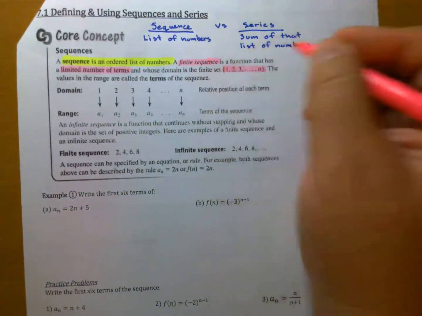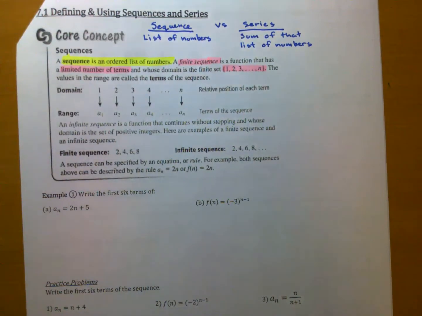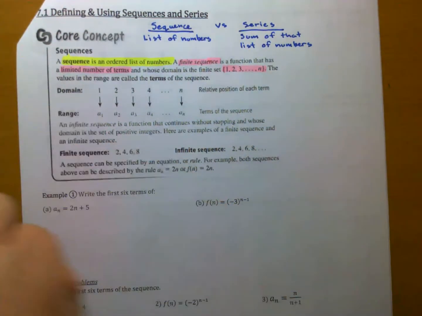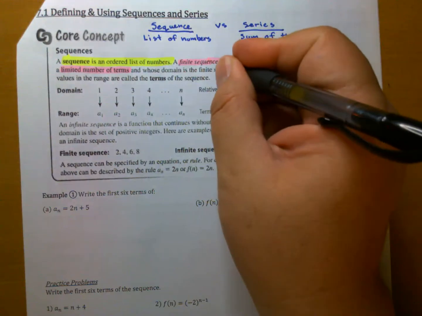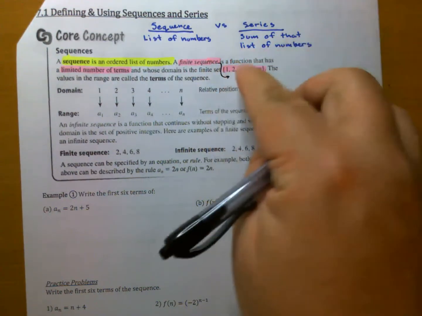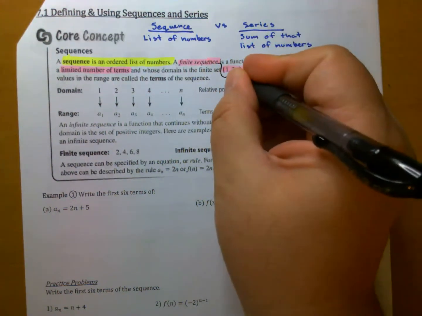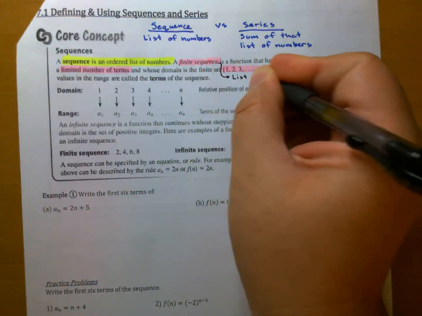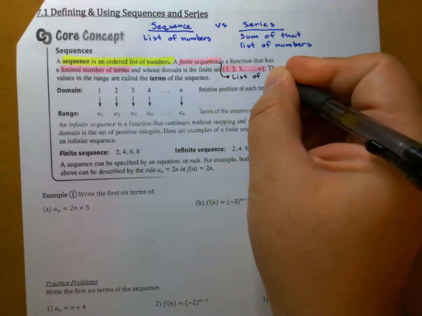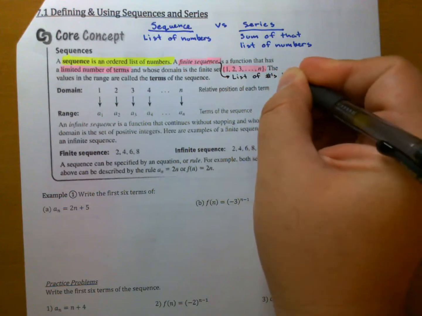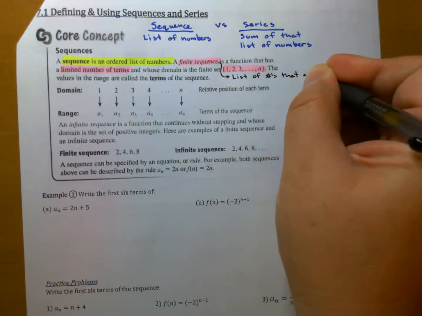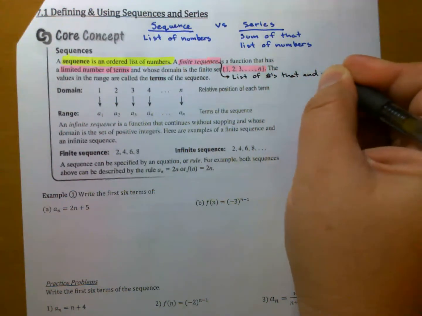We've seen this type of notation set up with the braces because we're making a list of numbers. And it does say that the values in the range are called the terms of the sequence. So one little note that we're going to add here: a finite sequence, and we have an example right here, is basically a list of numbers that ends. So it actually has an end to it.